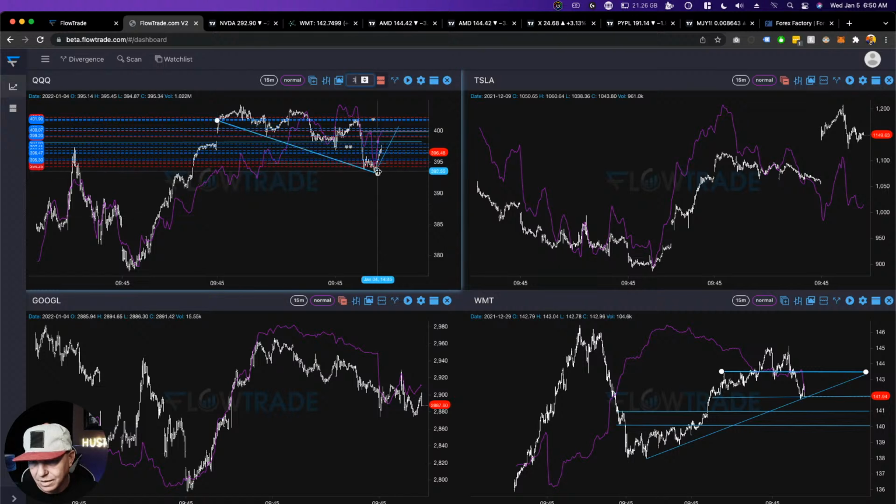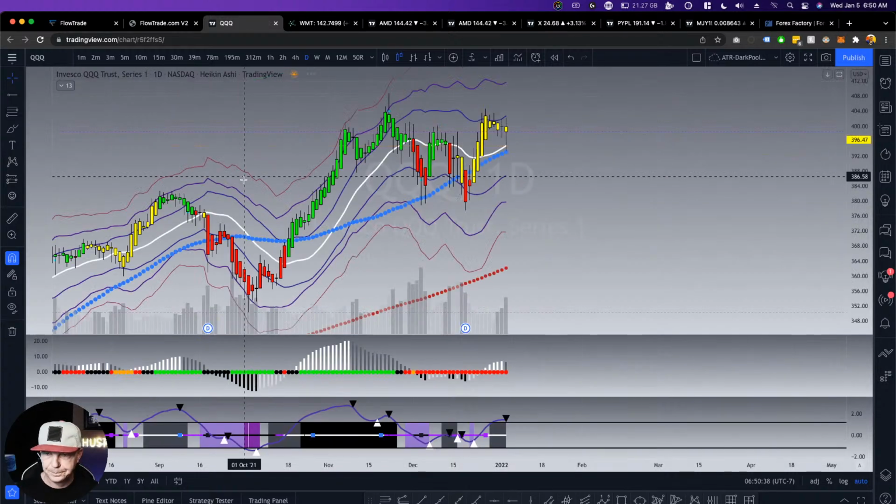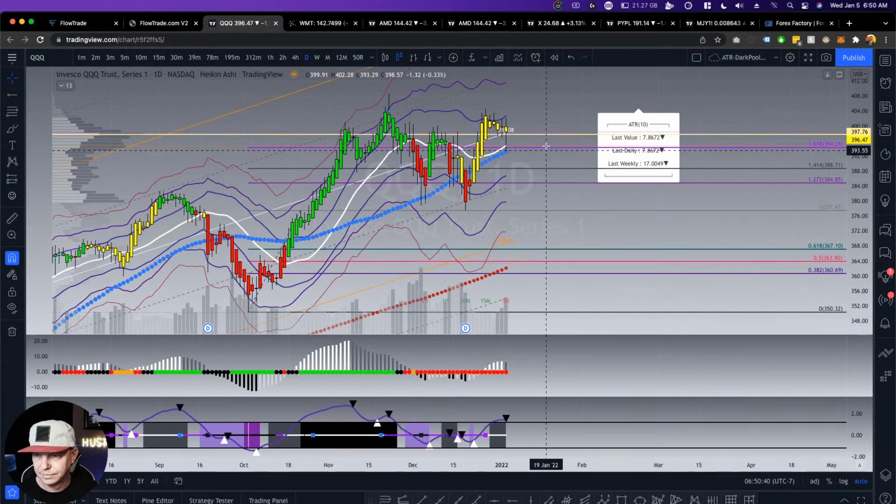That's pretty dead on downside trend line support, right? Let's see here. On the other side of that, we are right at point of control.